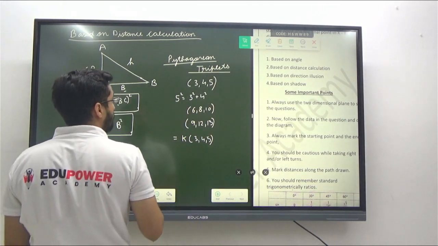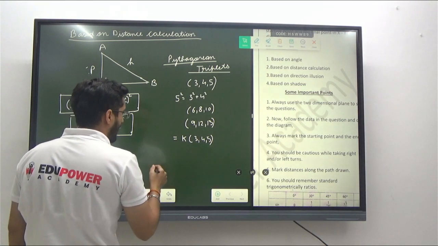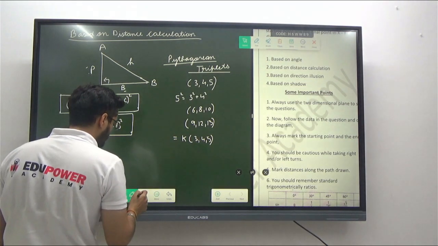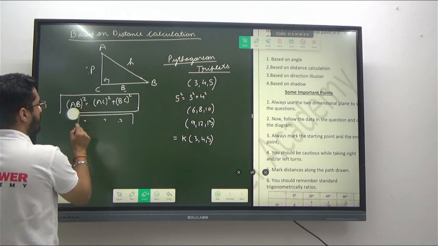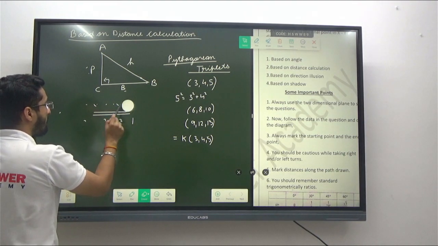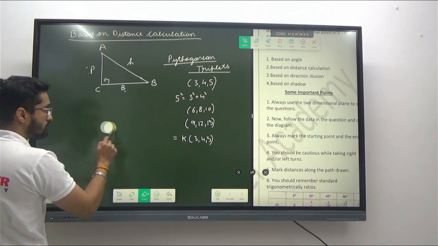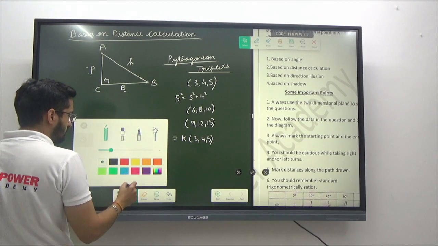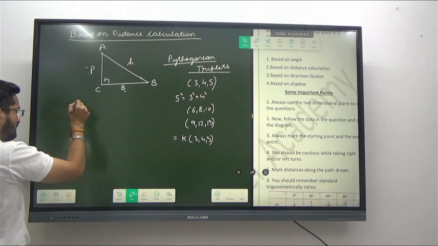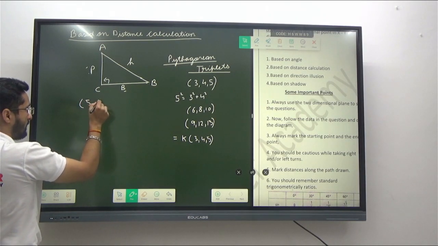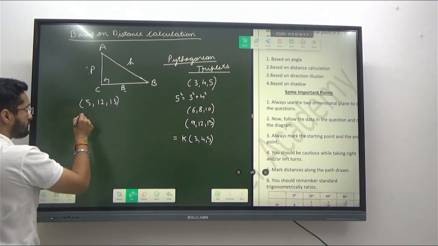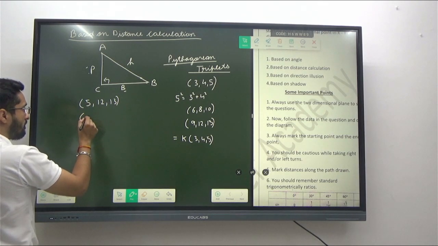Another example of Pythagorean triplets is 5, 12 and 13, and any multiple of 5, 12 and 13.